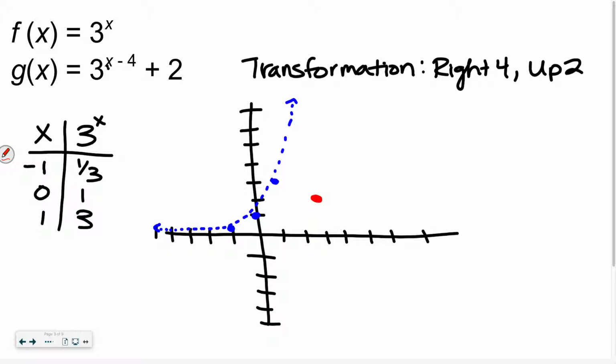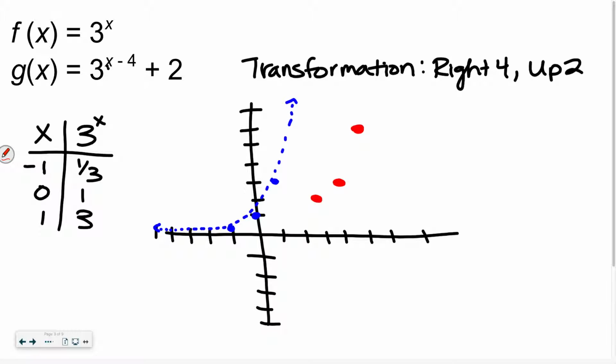Make a point. Go to the point at 0, 1, right 4. 1, 2, 3, 4. And then up 2, so I'm at 3. And then I'm going to take the point 1, 3. I'm going to go right 4. 1, 2, 3, 4. And then up 3. 1, 2, 3. So I'm at 4, 6?